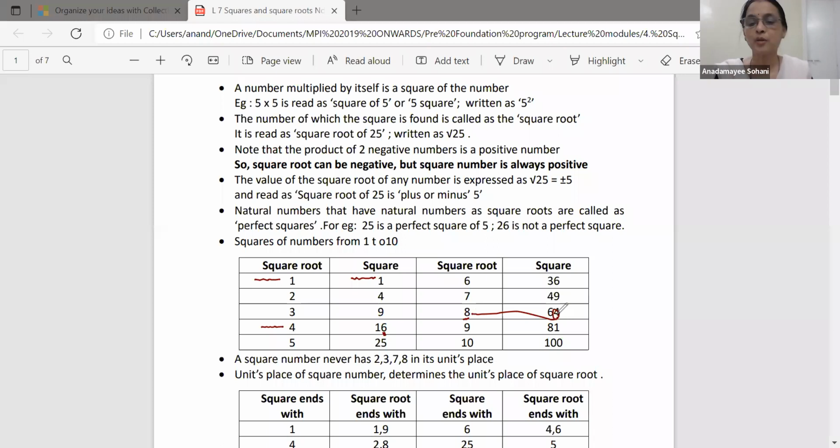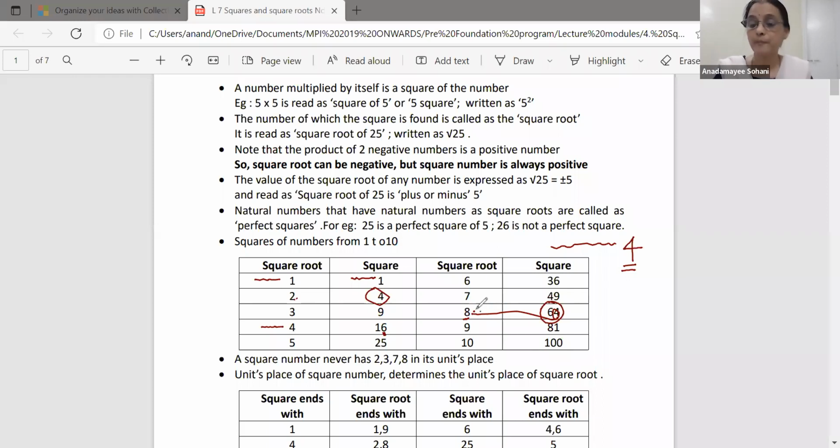So if any number is ending with 4 and somebody is telling me that this is a perfect square, what do I understand? If the square is ending with 4, the square root should end with 8 or 2.